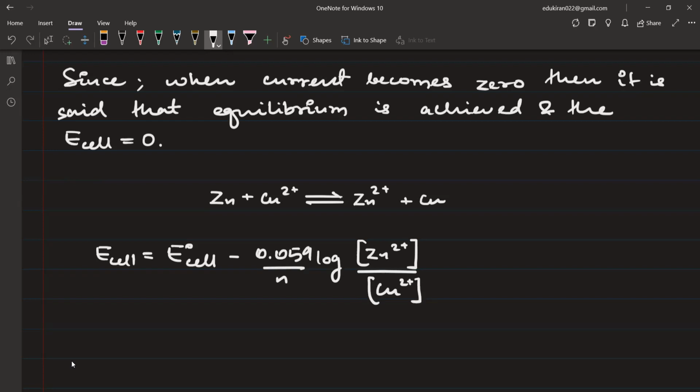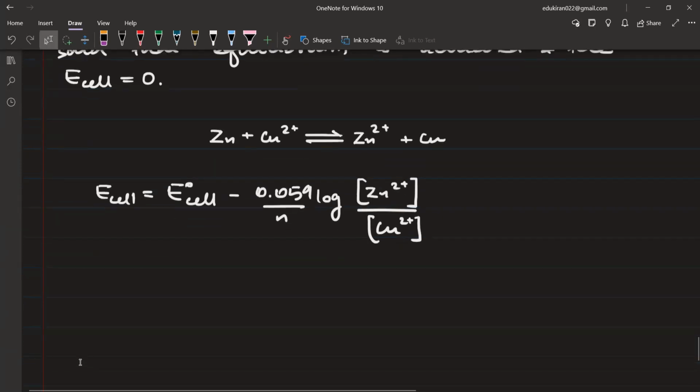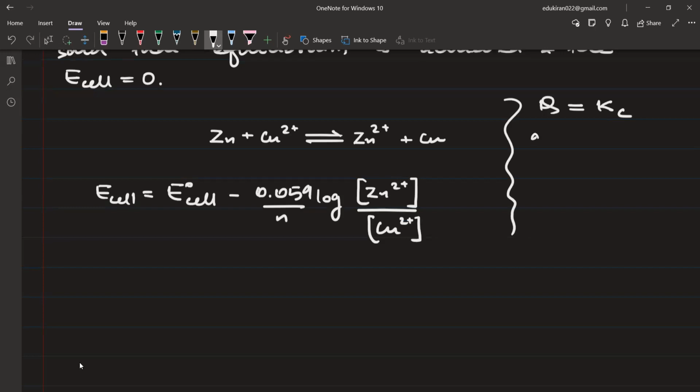Since both zinc 2 positive and copper 2 positive will have achieved the equilibrium concentration, this whole thing will be known as Kc. If you remember, when you have achieved equilibrium, the reaction quotient becomes the equilibrium constant. And this Q is product upon reactant.